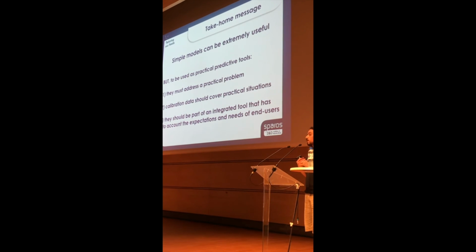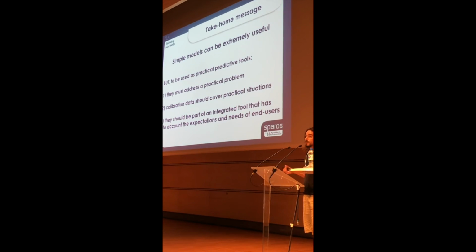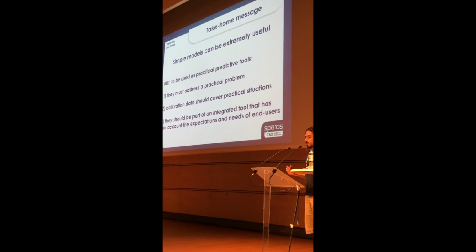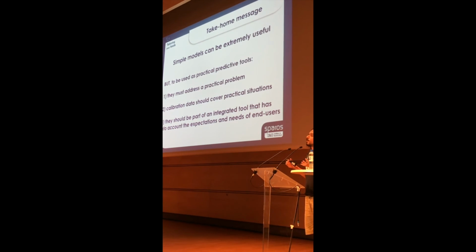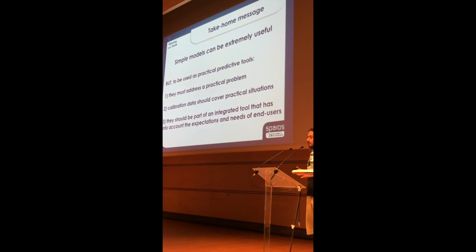So if you want a model that works at 10 degrees or at 20 degrees, then we need to calibrate with data at a wide range of temperatures, for example. And finally, it's not enough to just make a model, calibrate it and then publish it. If you want people to actually use the model, you have to make something that people can use straightforwardly and that follows what they expect and what they need.